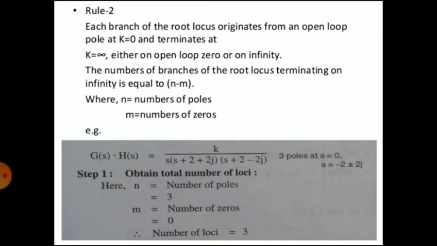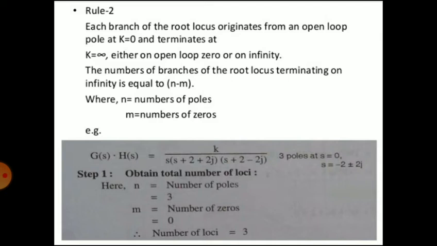Second case: if the number of zeros is greater than the number of poles, then the number of branches is equal to the number of open loop zeros, and branches terminate at each finite location of the open loop zero. Third case: if the number of poles equals the number of zeros, then the number of branches is equal to the number of poles or zeros.